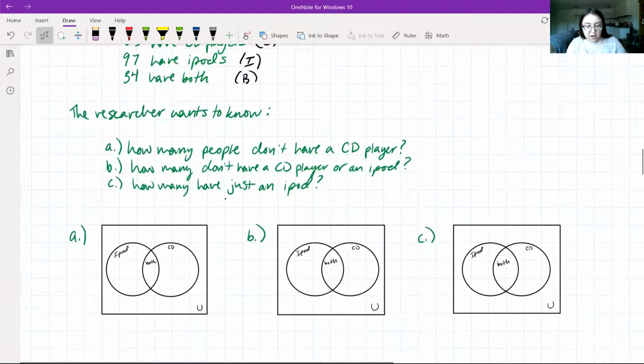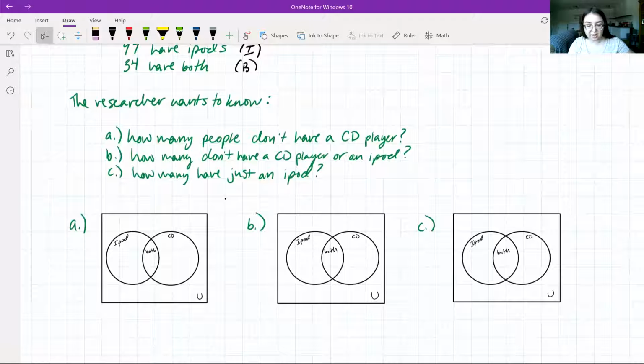So I want to know how many people don't have a CD player. So if we're thinking about the people that don't have CD players, we're thinking about all the people that have an iPod or nothing, but not both, because that would mean that they had a CD player. So we're thinking about iPod or nothing.